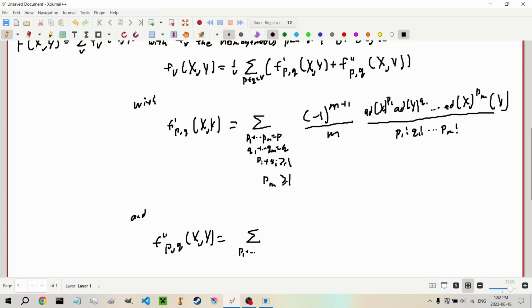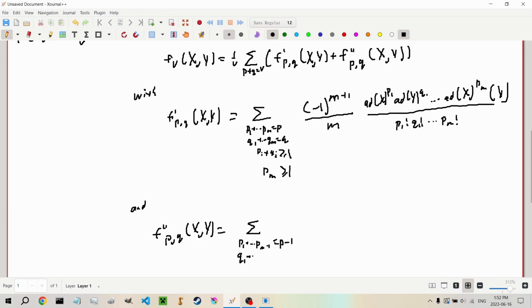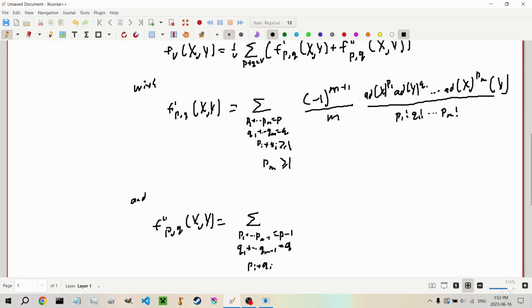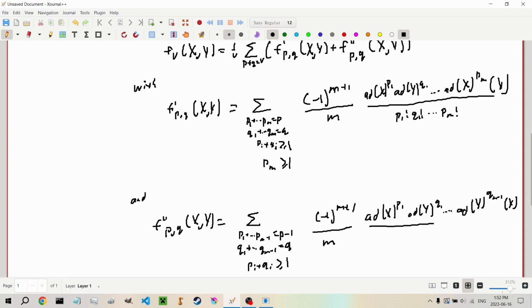The sum of p1 through pm minus 1 being p minus 1, and q1 through qm minus 1 adding up to give q, and each pi and qi adding up to be at least 1, of our -1 to the m plus 1 over m times the adjoint of x to the p1, adjoint of y to the q1, keep alternating all the way up to adjoint of y to the q sub m minus 1, acting on x, scaling by p1 factorial, q1 factorial, all the way through q sub m minus 1 factorial.